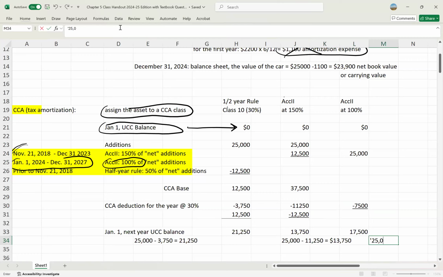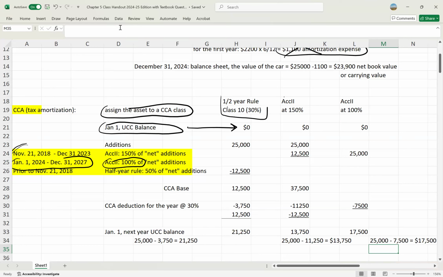Because we bought the car for 25,000, we deducted 7,500 in CCA deductions, and so we're left with 17,500 going into next year.